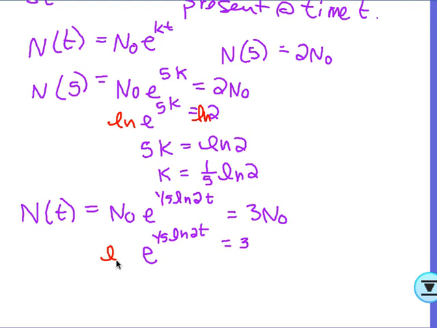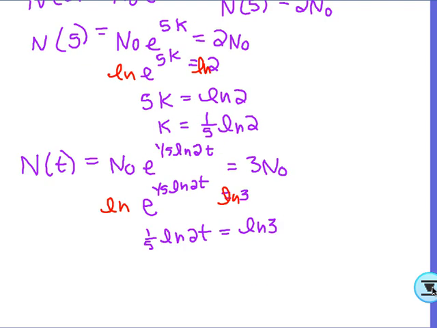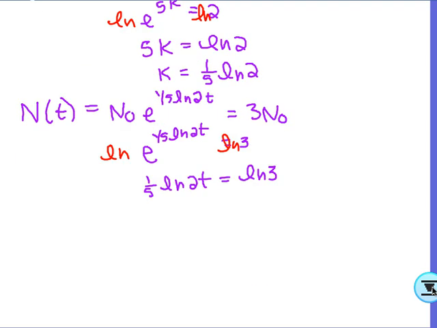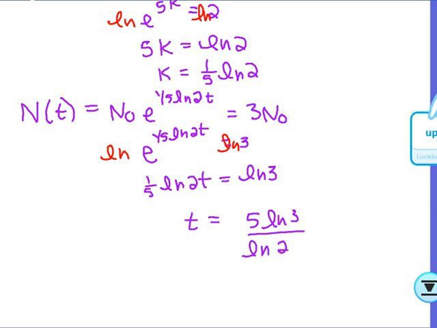Again, I'm going to take the natural log of both sides. So now I've got 1/5 natural log of 2 times t is equal to the natural log of 3. So if I multiply by 5 and divide by natural log of 2, t will be equal to 5 natural log of 3 divided by the natural log of 2.